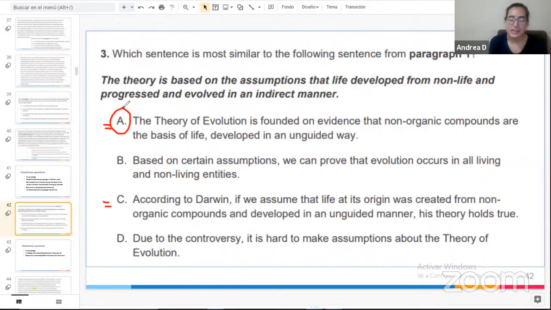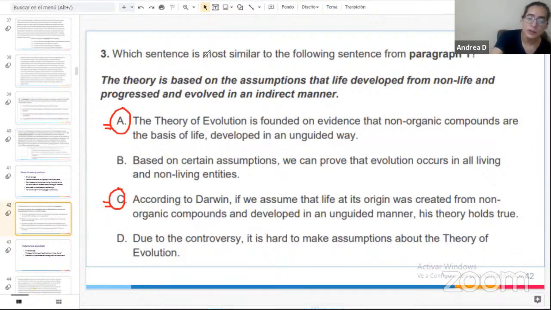So yeah, it's actually letter A. The theory of evolution is founded on evidence that non-organic compounds are the basis of life development and organic. So I totally see why you guys are maybe tempted to choose C. It's actually a good one, okay? Now the thing about this is that you gotta think of, obviously you're not gonna find something that's super exact.